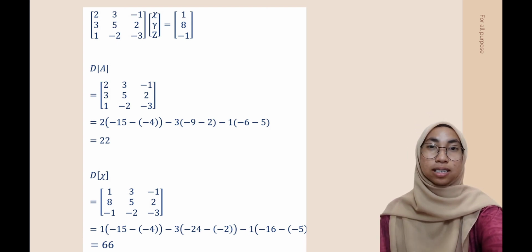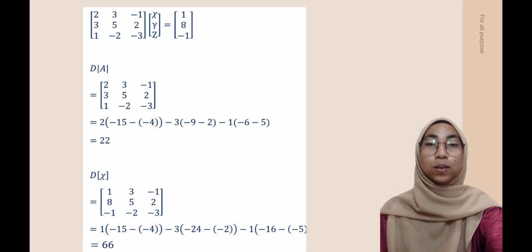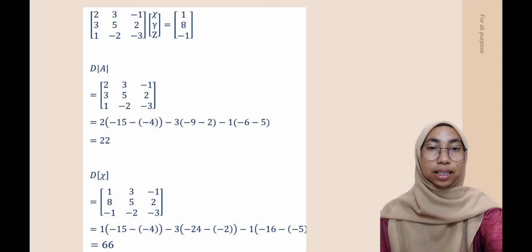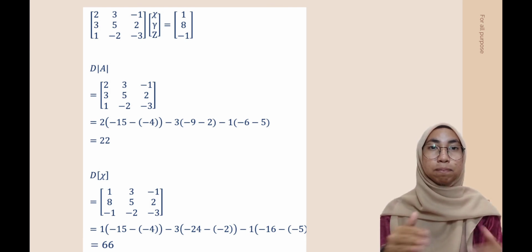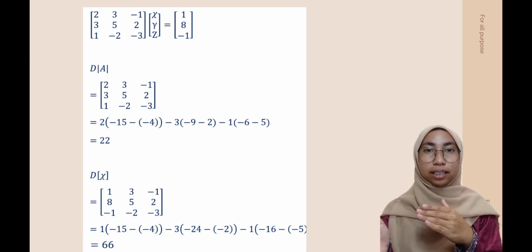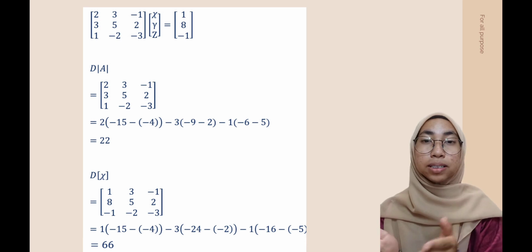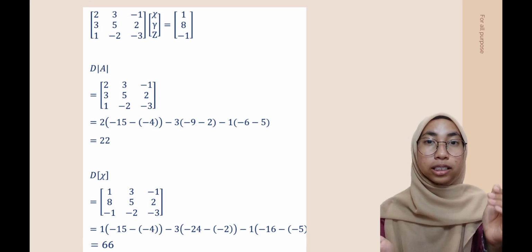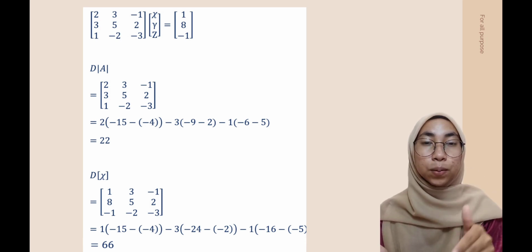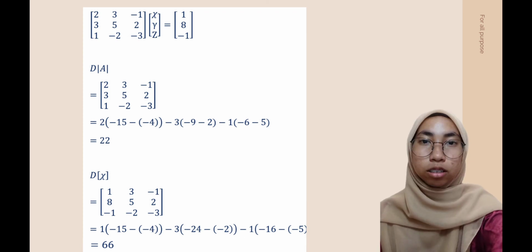The second step is to find the determinant of x. So it goes the same as determinant A, but the place of x, y, z we change. For example, we want determinant x. Then we change the place of x with the answer of the linear equation.